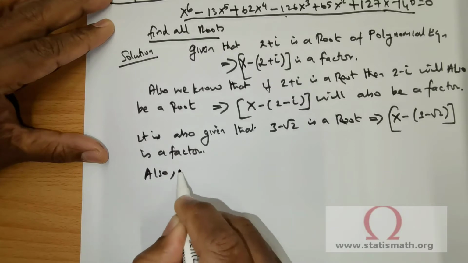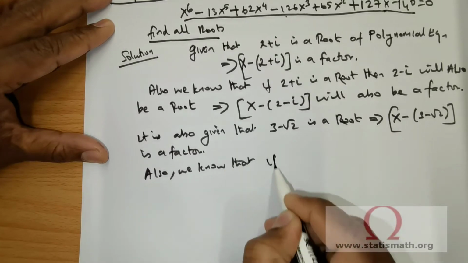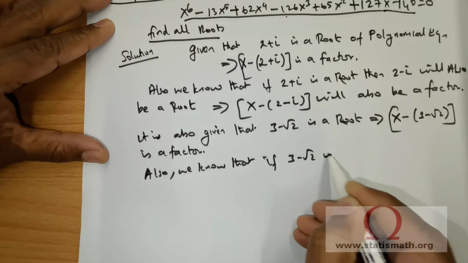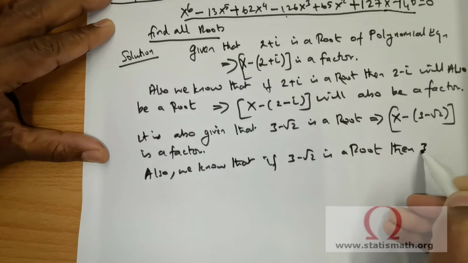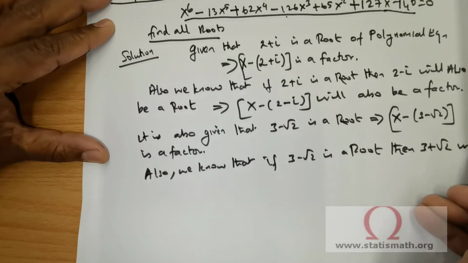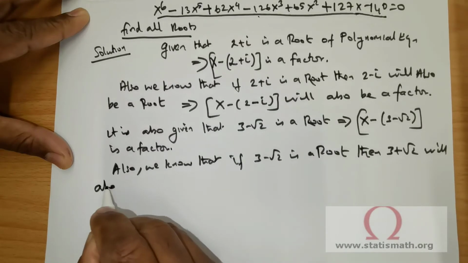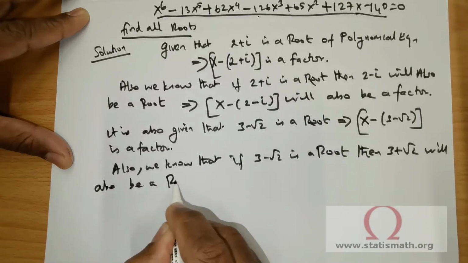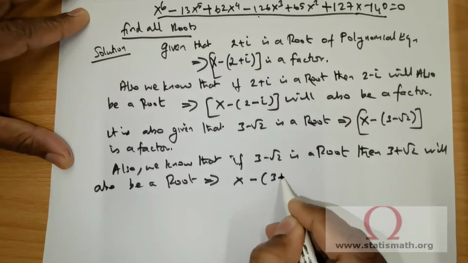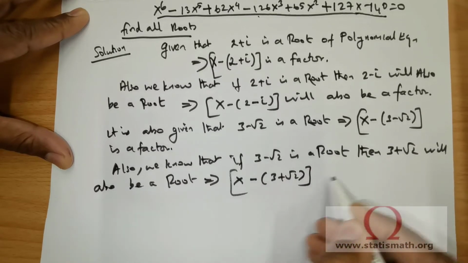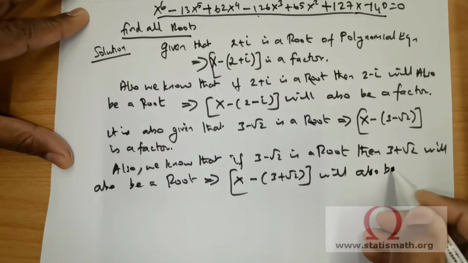Also, we know that if 3 − √2 is a root, then 3 + √2 will also be a root. So this means x − (3 + √2) will also be a factor.